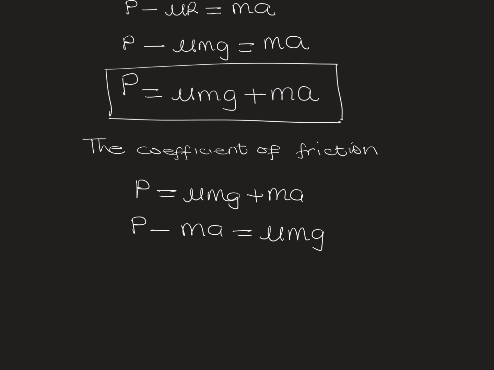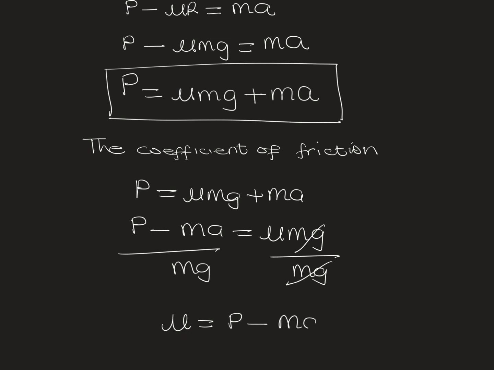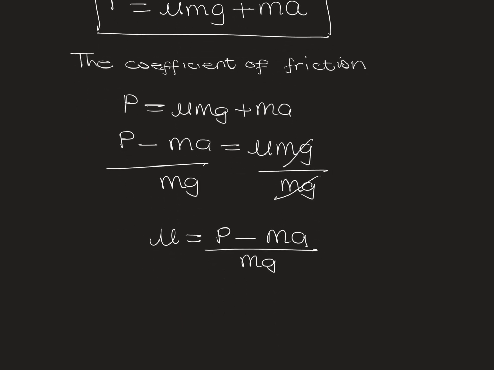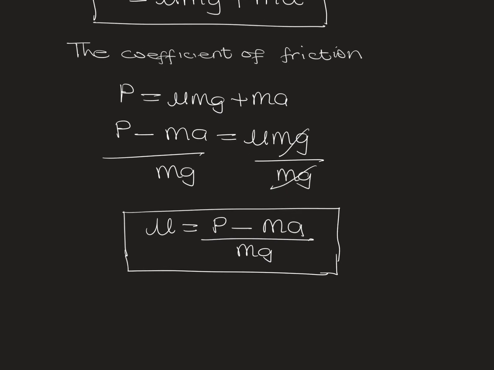So to make mu the subject of the formula, I will divide both sides by mg, and therefore mu is equal to P minus ma all over mg. All right, so this is the formula for the coefficient of friction in a circumstance like this.